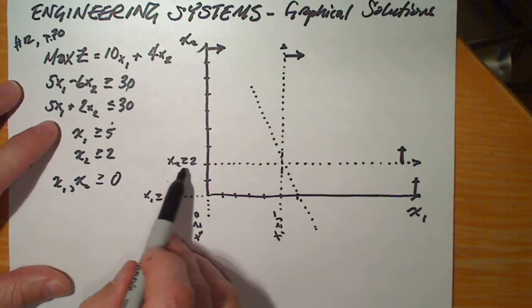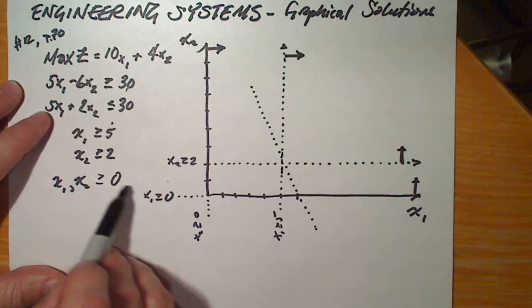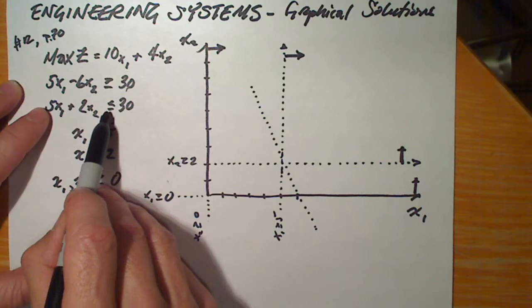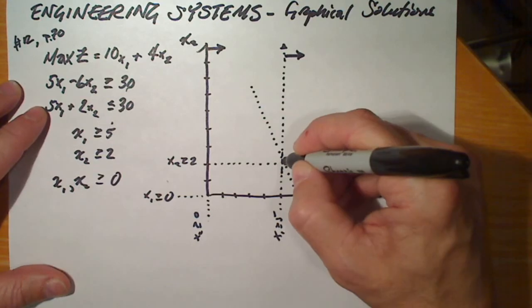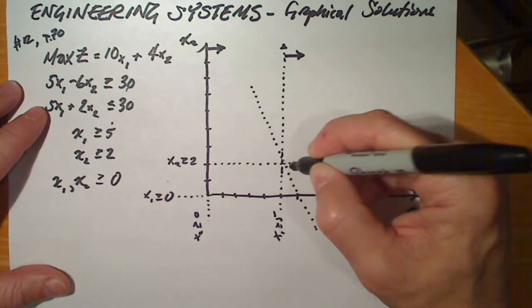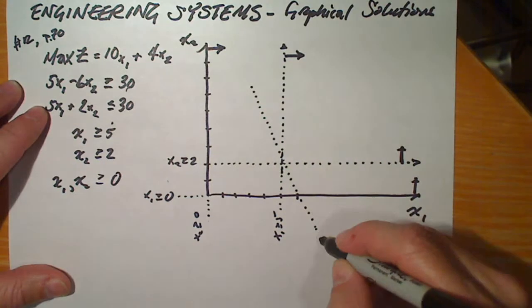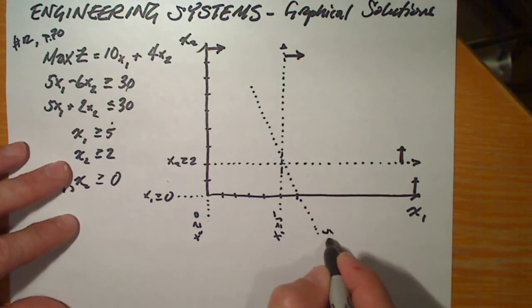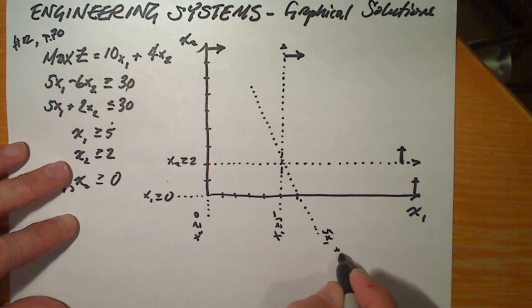When x2 is 2 and x1 is 5, we get 25 plus 4 is less than or equal to 30. So what that tells us is that this point is less than or equal to. Here's our constraint equation. 5x1 plus 2x2 must be less than or equal to 30.